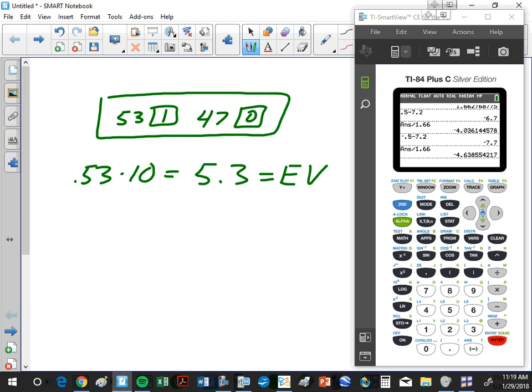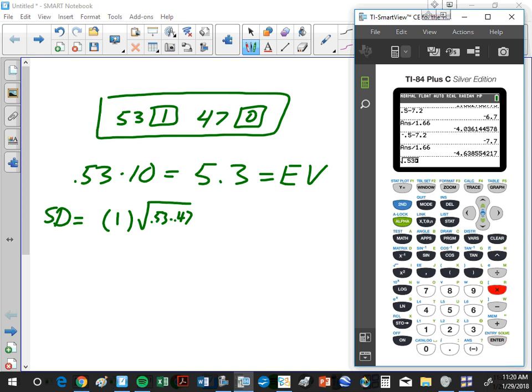And then the SD of the box is going to be 1 times the square root of 0.53 times 0.47, which gives me 0.499.